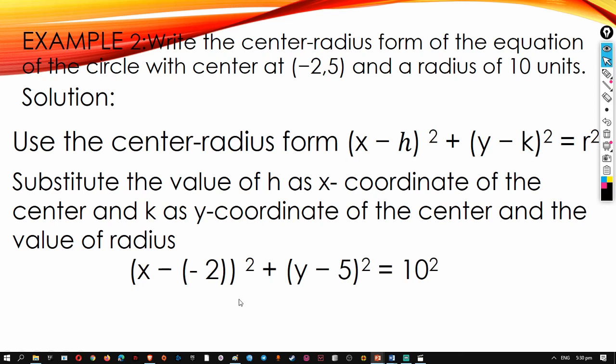So, magiging ganyan siya. O, simplifying, we will have x plus 2 squared plus y minus 5 squared is equal to 100. So, this is the center radius form of the equation of the circle, given a center of negative 2, 5 and a radius of 10.